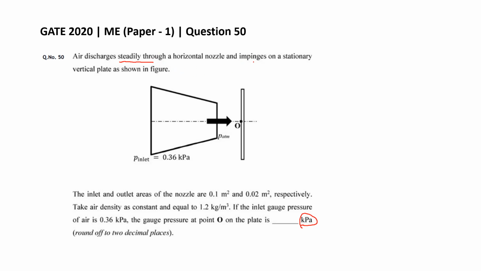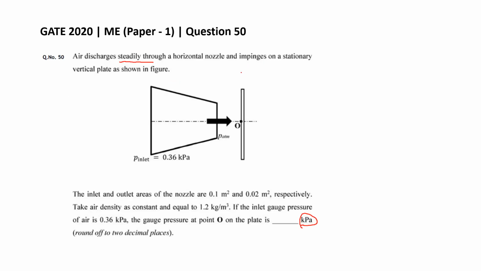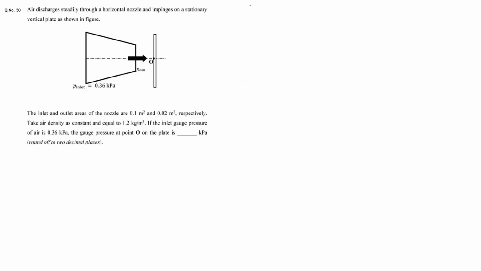Since the density does not change, we can say that this is a constant density fluid, and also there is no information of viscosity given to us, so it makes sense to consider this as an inviscid flow. So all these three conditions apply in our case, and it's pretty straightforward to apply the Bernoulli's principle now.